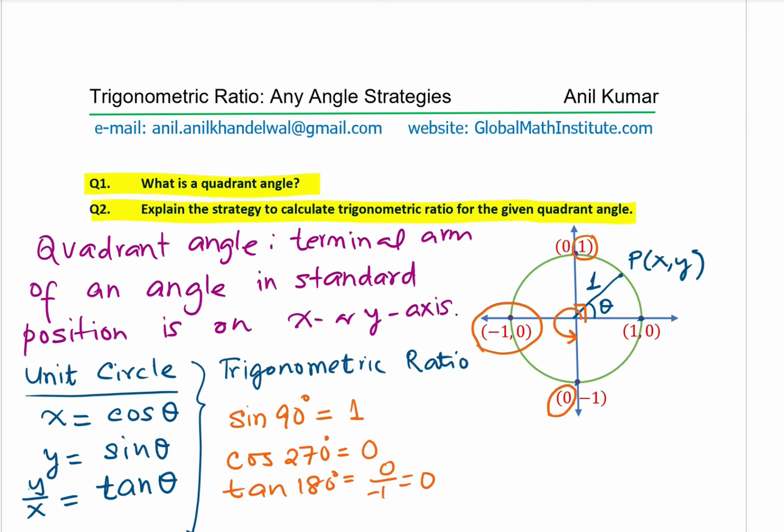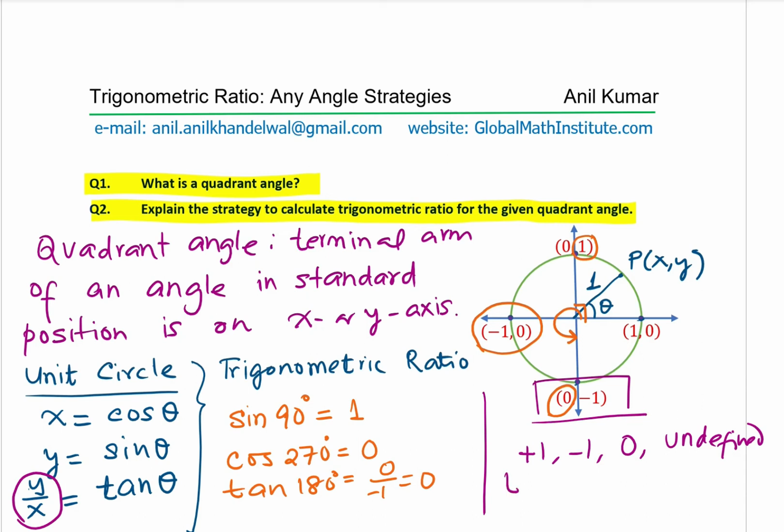So basically what you notice here is that the values here could be either plus 1 or minus 1. It could be 0. It could be undefined, dividing by 0. So in this ratio of tan theta, if x is 0, for example, in this particular case, if I want to find what is tan of 270 degrees, we know it is undefined.